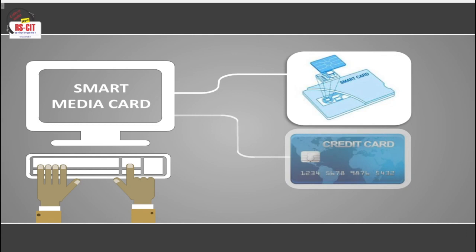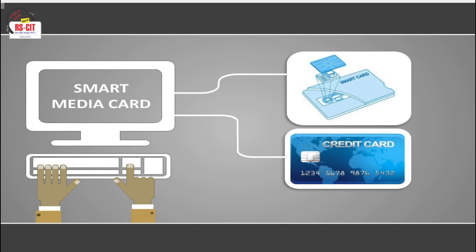Smart Media Card is a credit card or ID card that contains a chip. When inserted into a reader, that is contact card, or held within a few inches of the reader, that is contactless, data are transferred to a central computer, also called a chip card.